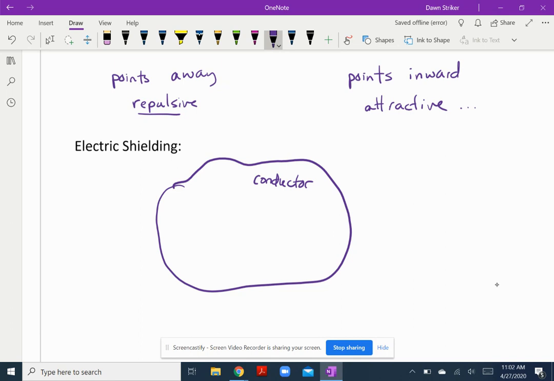Well, what happens if I put an excess charge on this conductor? Since the electrons are free to roam, all of those excess charges will immediately go to the very surface.